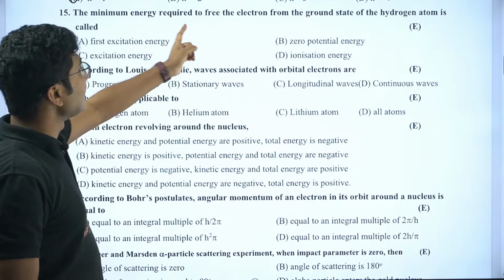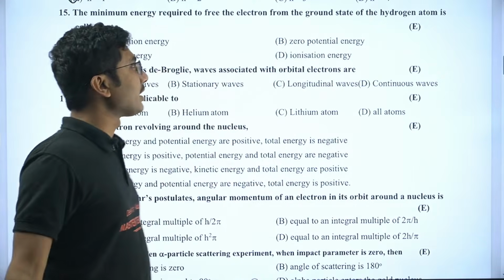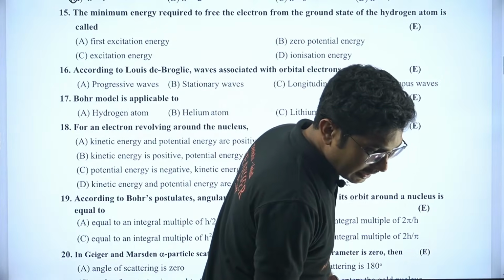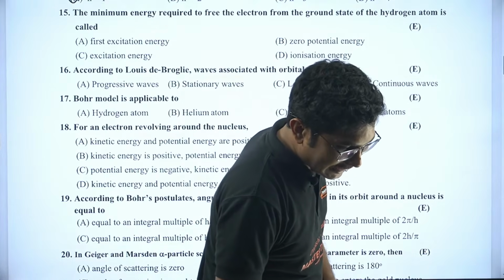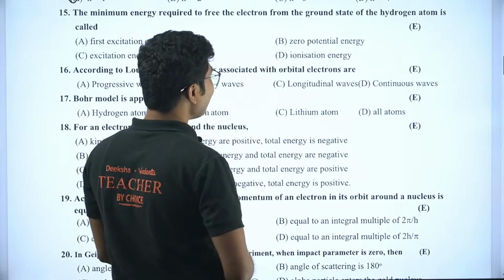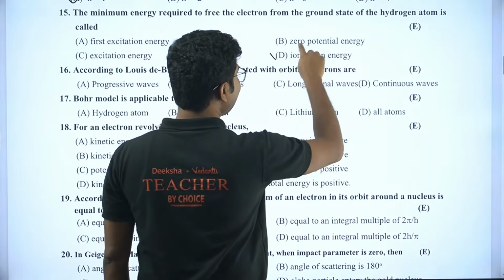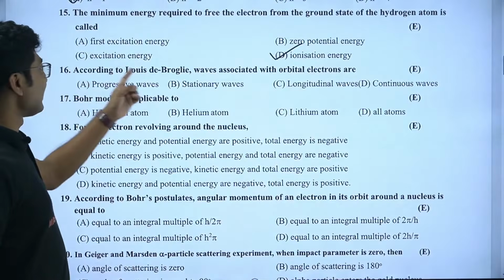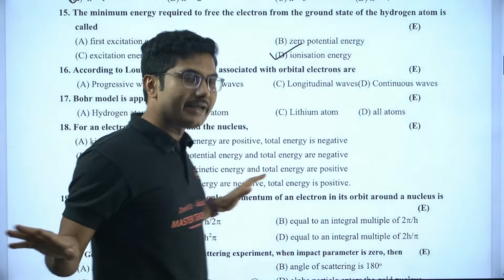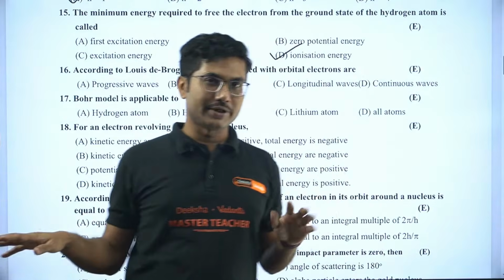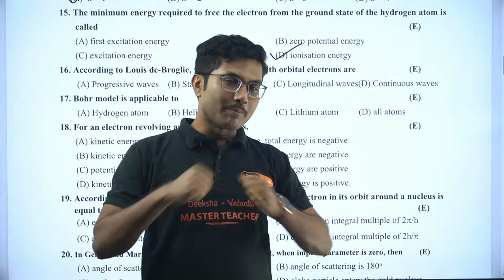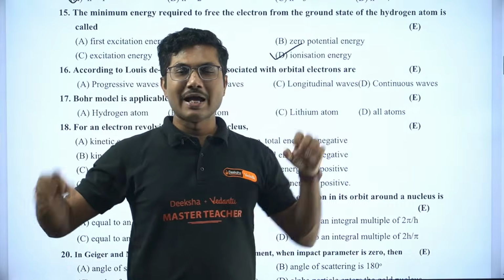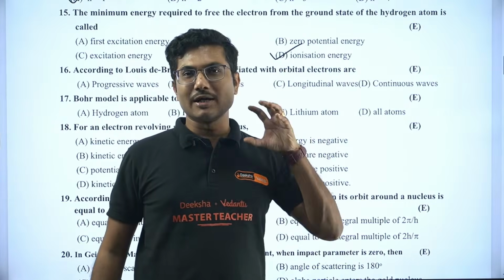The minimum energy required to free the electron from the ground state of the hydrogen atom is called, what is the answer? Pooja is saying 15D. Pooja answered 15B, later changed it to 15D. Yes, ionization energy, not 15C, Nagaraja, not excitation energy. You have freed the electron completely from the hydrogen. If you free the electron completely, that means the electron is free, so it is negative, and the hydrogen nucleus is now positive.